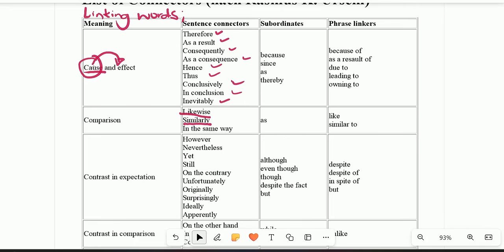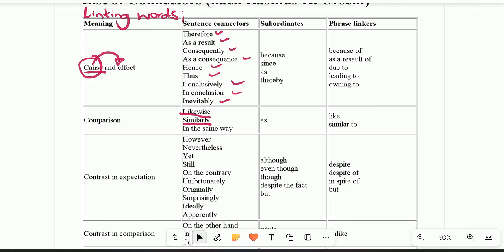For an example, you can say during the interview, the candidate demonstrated excellent communication skills. Likewise, when presenting to a large audience, effective communication is important, right? Another one, when facing a difficult challenge, James always remained calm and collected. Likewise, in times of crisis, it is crucial to maintain composure.